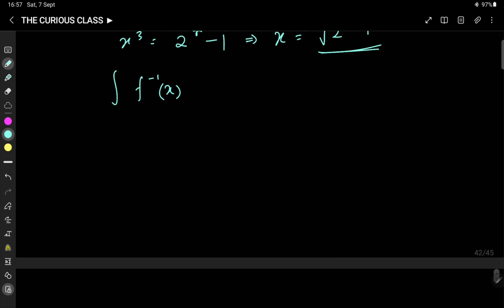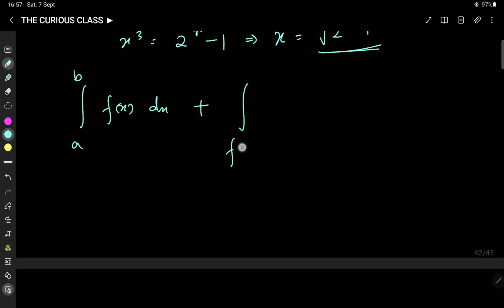So what's the property? Let me tell you the property also. If there is something like this, the integral from a to b of f of x dx plus the integral from f of a to f of b of f inverse x dx, this property holds that the answer is b times f of b minus a times f of a.